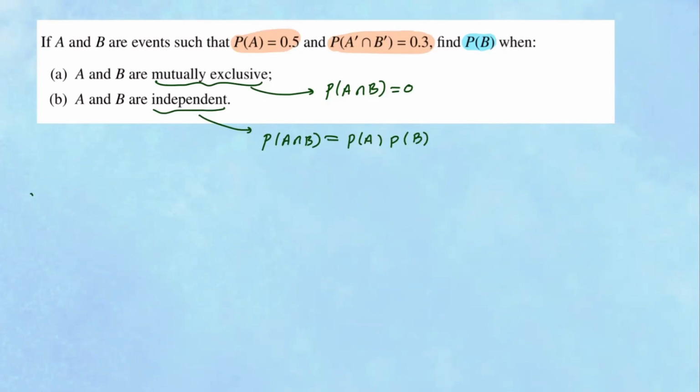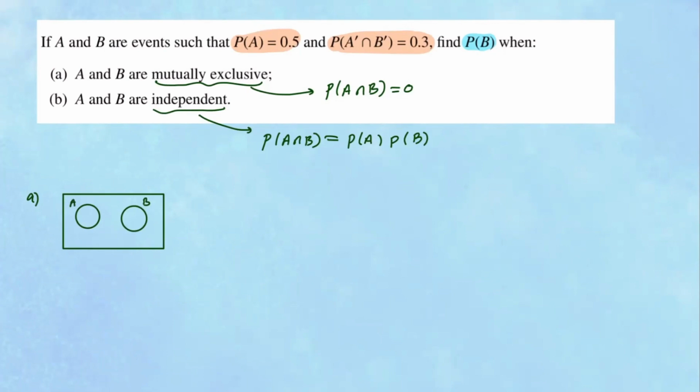From the first part, we know that A and B cannot occur at the same time. So let's draw a picture to help you understand this better. If they cannot occur at the same time, then you can imagine drawing two sets, A and B. If this is A, this is B, we can fill in probabilities.